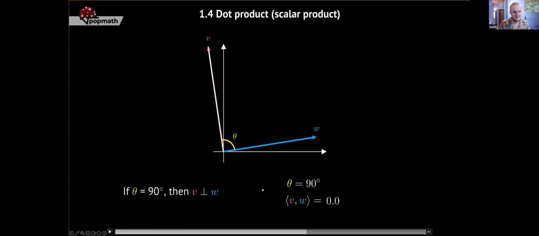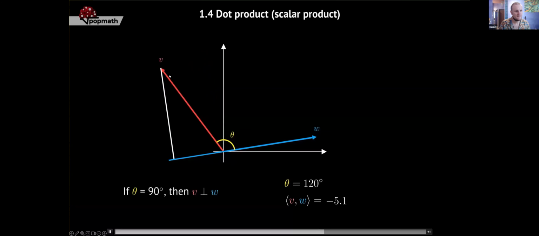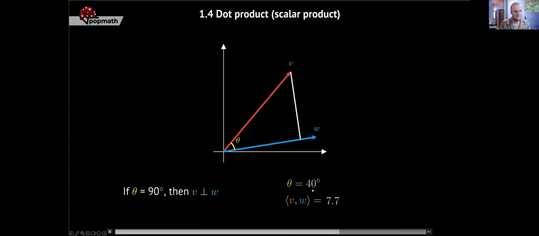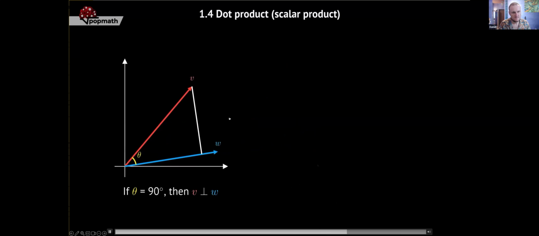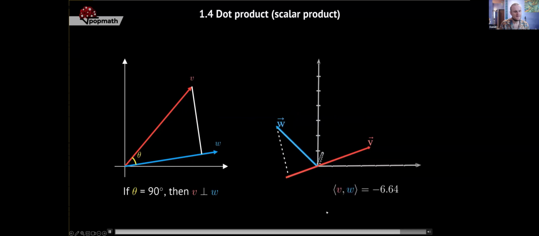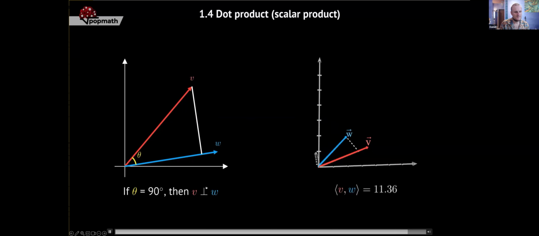So the result is 0. And generally, it can show us the orientation. If it is negative, the angle is greater than 90 degrees. The same goes for 3 dimensions. We have one vector, we have another, and we just measure a dot product between them. Briefly they were orthogonal, and now they are not.